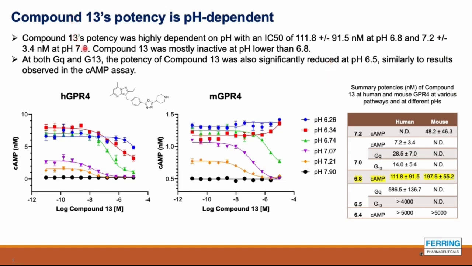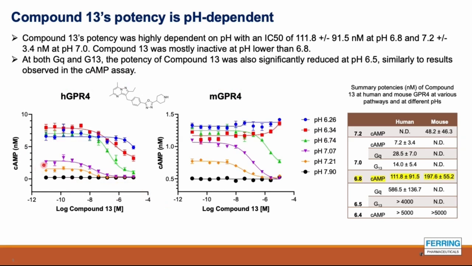in vitro. And so GPR4 has been shown to couple to multiple pathways, including Gs, leading to increased cyclic AMP production. So we first developed a cyclic AMP assay and profiled the antagonist activity of compound 13 at both human and mouse GPR4 at several pH.